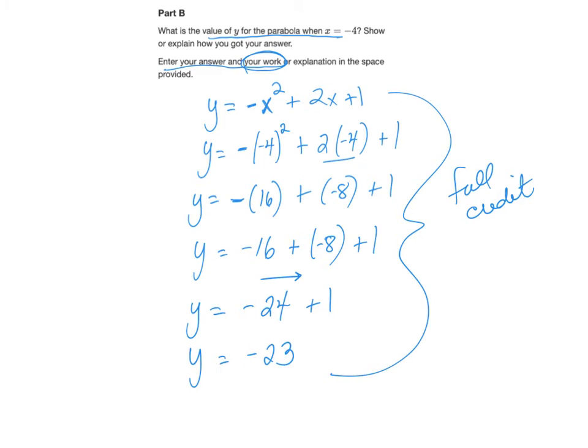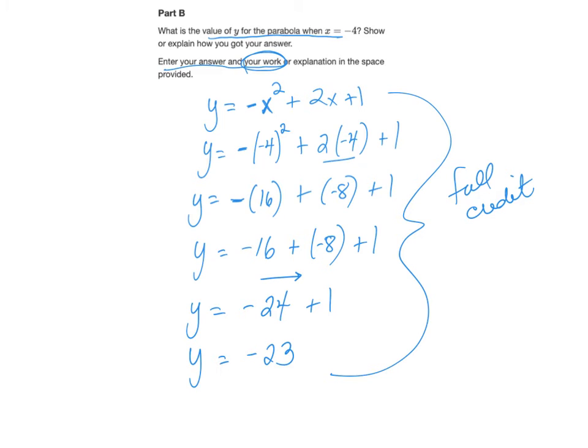Then I squared -4 to get 16, and I multiplied 2 times -4 to get -8. From there, I added -16 plus -8 to get -24, and then my final step would have been to add 1 to -24 to get -23.